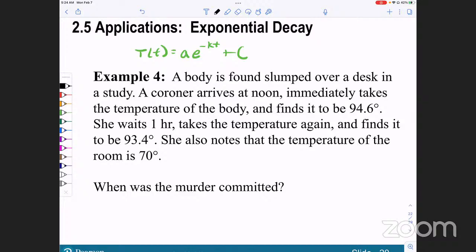At noon, 94.6 degrees. She waits 1 hour, so that means at 1 p.m., 93.4 degrees, right? So we got these 2 times and the temperatures.